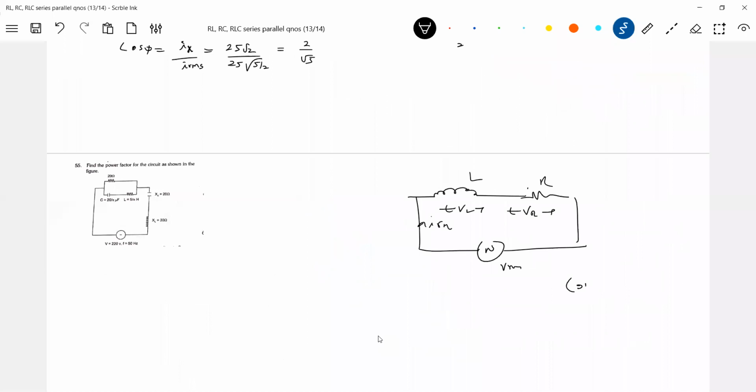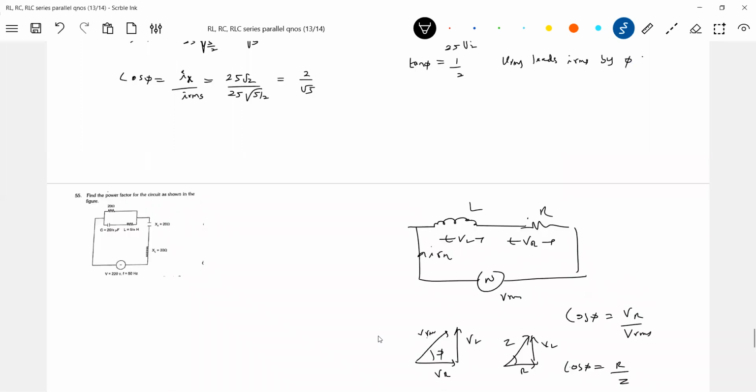Power factor we can also write as VR by VRMS, because according to the impedance triangle we'll get VR, VL. So cos phi equals VR by VRMS from the impedance triangle in a series circuit.